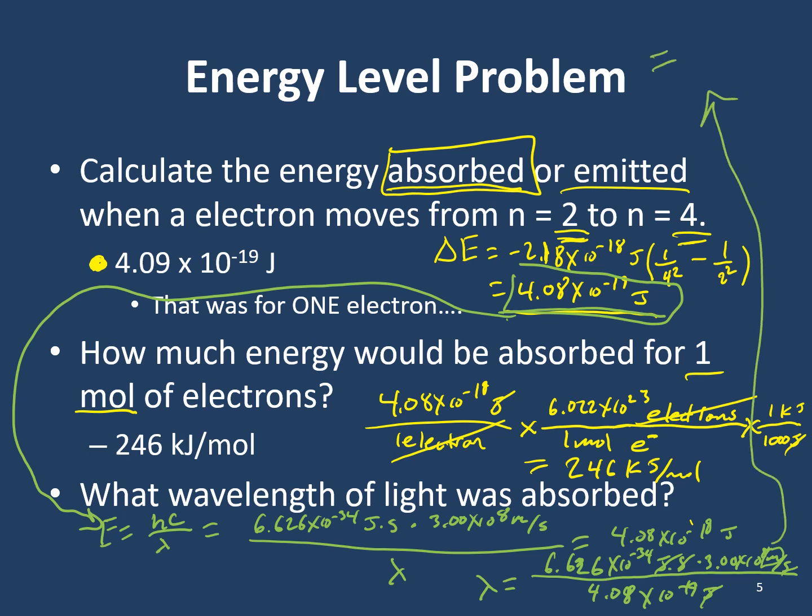What we get is about 4.87 times 10 to the negative 7 meters. Now, if we convert this to nanometers, we get 487 nanometers, which is a reasonable answer. I got 486 before. There's a rounding difference there between my first time and my second time.